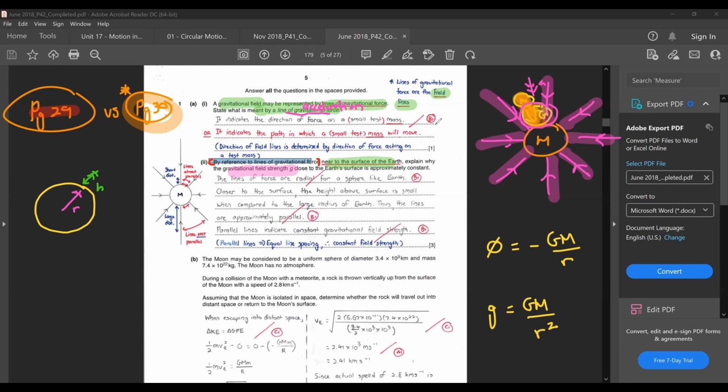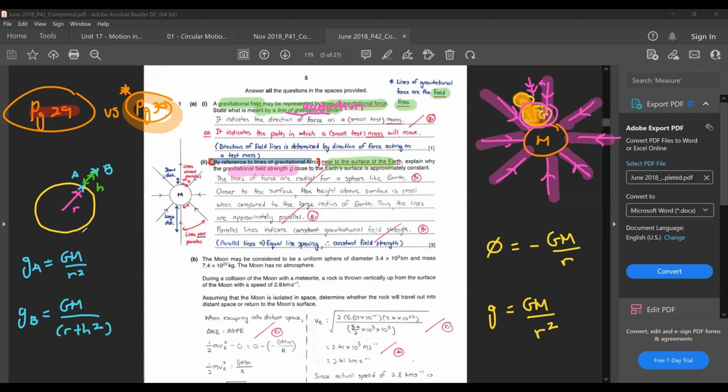If I'm interested in 2 different points, point A and point B, I can say that gravitational field strength at A is actually going to be GM over r squared, whereas gravitational field strength at B will be GM over (r plus h) squared.